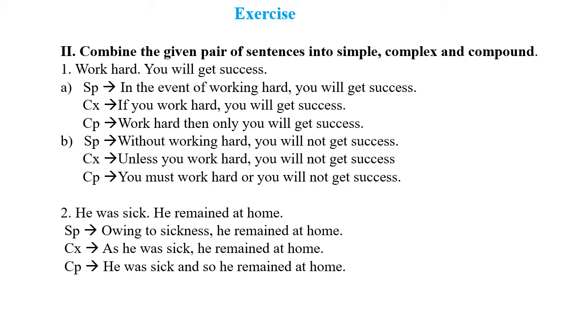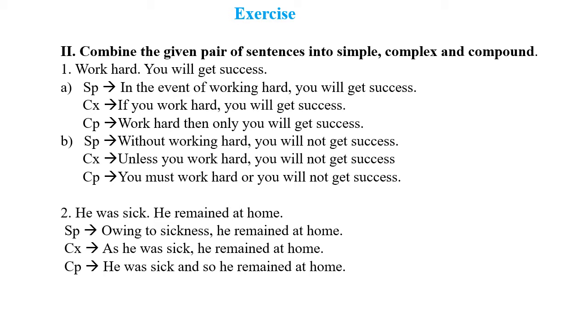That is a clause. We have to change into a phrase for simple sentence. So we are putting that particular phrase, owing to, we are changing sick into sickness. That is adjective into noun. Owing to sickness, he remained at home. The second part remains the same. So we are writing he remained at home. This is simple sentence.